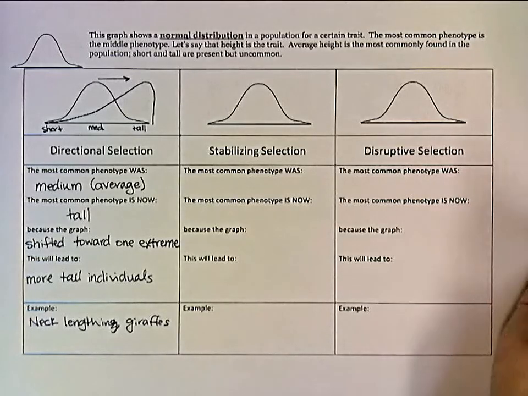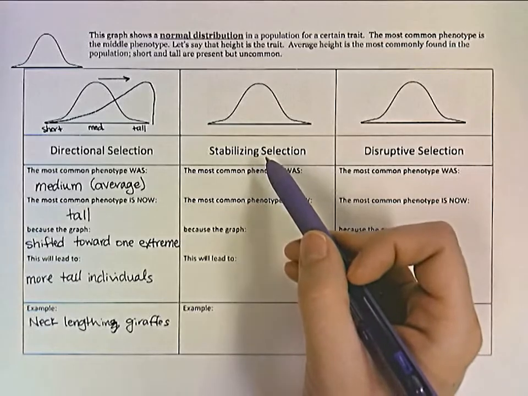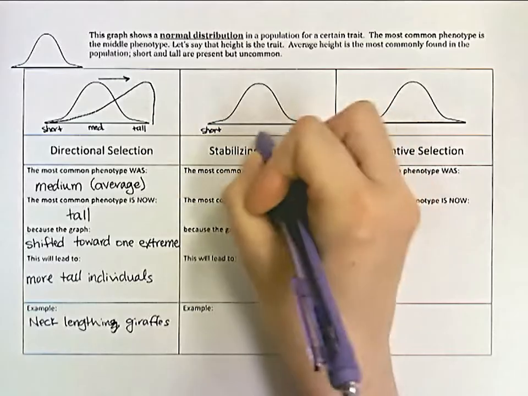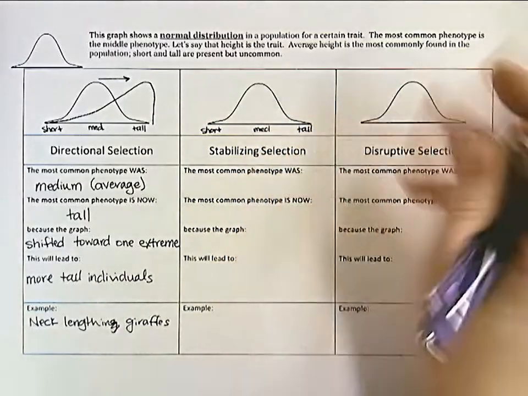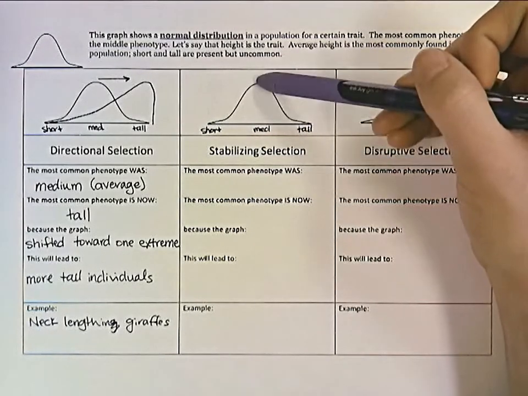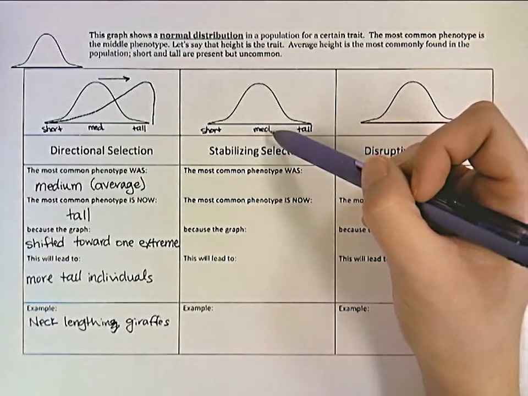Now, another way that populations could change due to natural selection is what we call stabilizing selection. We're going to have the same categories again, so we're going to have our short, medium, and tall individuals. And just like before, we start out with the average, that medium height, as being the most common. And maybe that really is what's best for this environment.